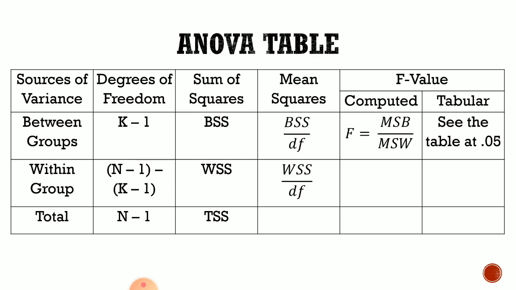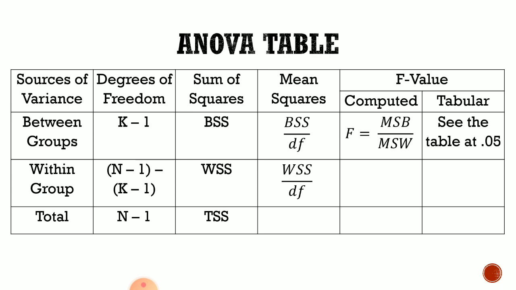The mean squares is the within sum of squares divided by the degrees of freedom within group. For the total, the degrees of freedom is equal to n minus 1, or you can just add the degrees of freedom under between group and within group.